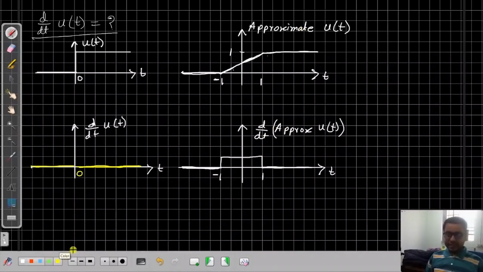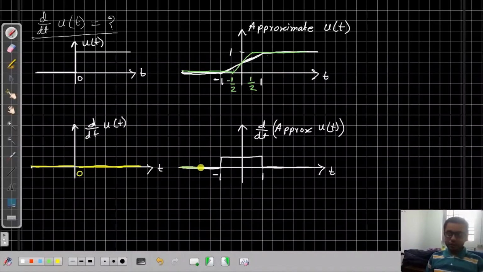Now, in the next step, I shall do a better approximation of u(t), which looks like this. It is 0 from -infinity up to this point t equal to -half. Then it will go up gradually, and after t equal to half, it will become 1. So this is t equal to half. And the derivative of this approximation will be as follows.